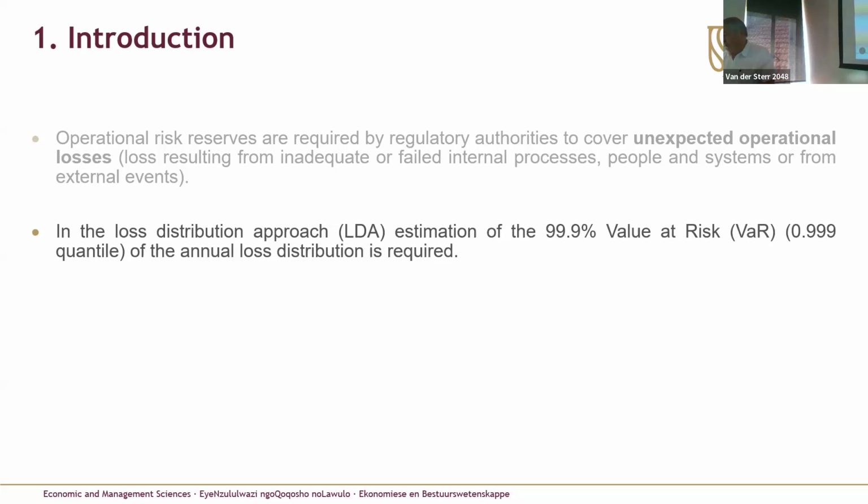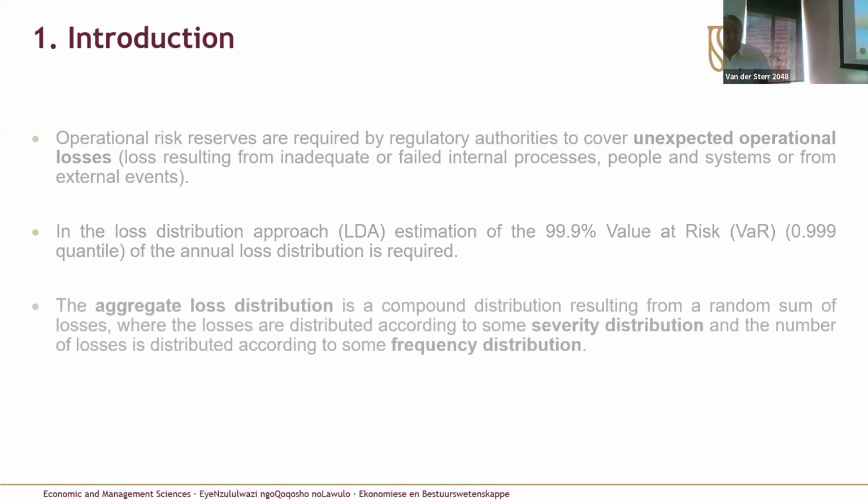And there's a particular approach, the loss distribution approach, that I'll say more about. But for that's required a 99.9% quantile, which is then a particular value at risk. So that's very, very far in the tail. And especially in operational risk, where the data is not overly available. So one has to be careful in how you estimate that.